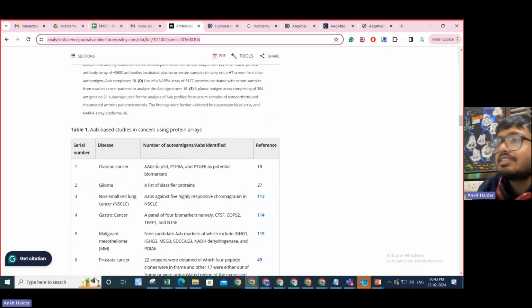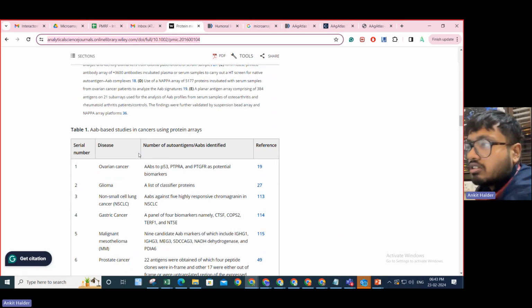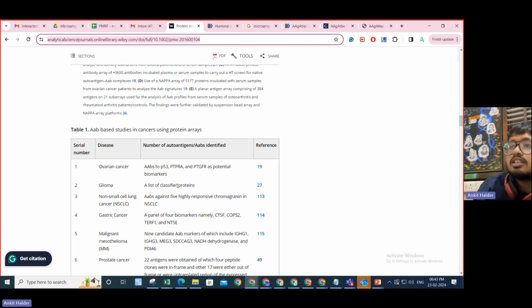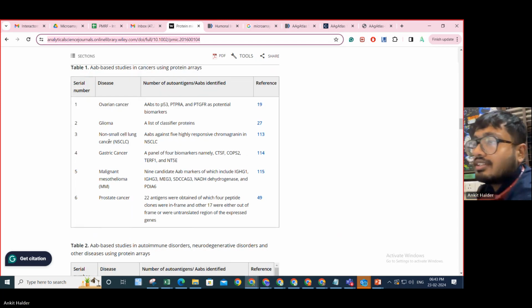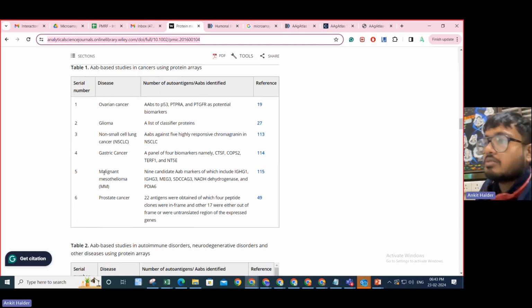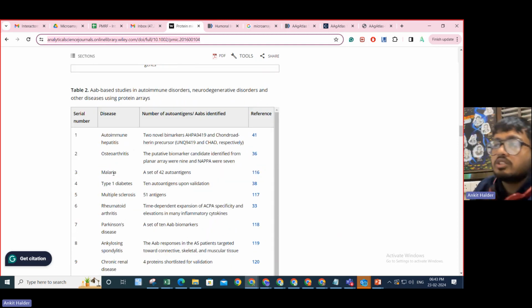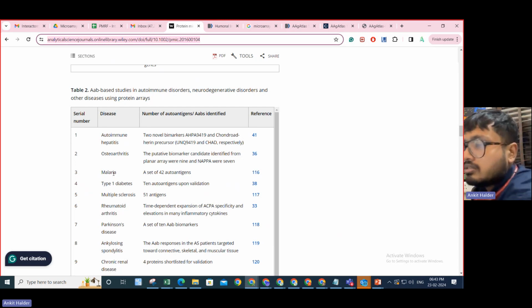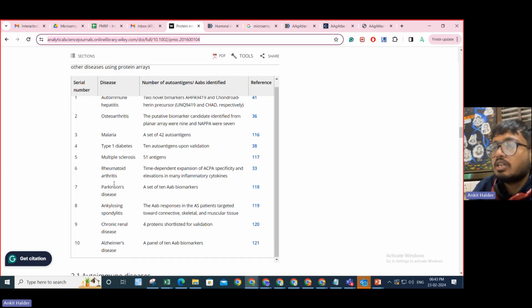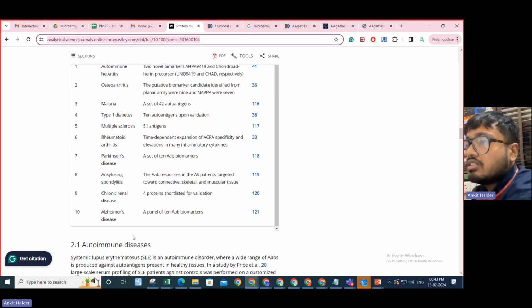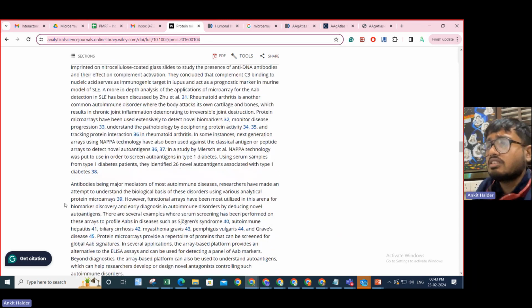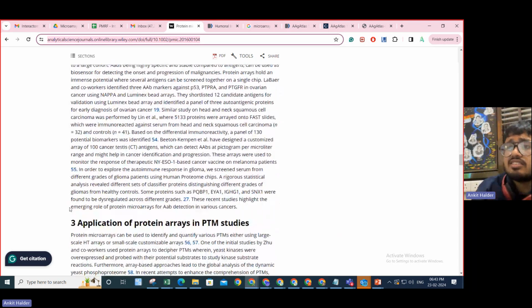These are some of the autoantigens or autoantibodies that have been identified from ovarian cancer, glioma, non-small cell lung cancer, gastric cancer, malignant mesothelioma, prostate cancer, autoimmune hepatitis, osteoarthritis, malaria, type 1 diabetes, multiple sclerosis, rheumatoid arthritis, Parkinson's disease, and all those autoimmune diseases and cancer studies.